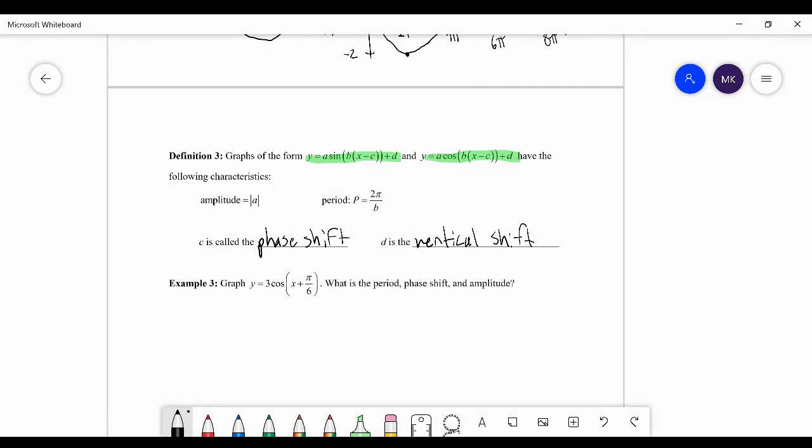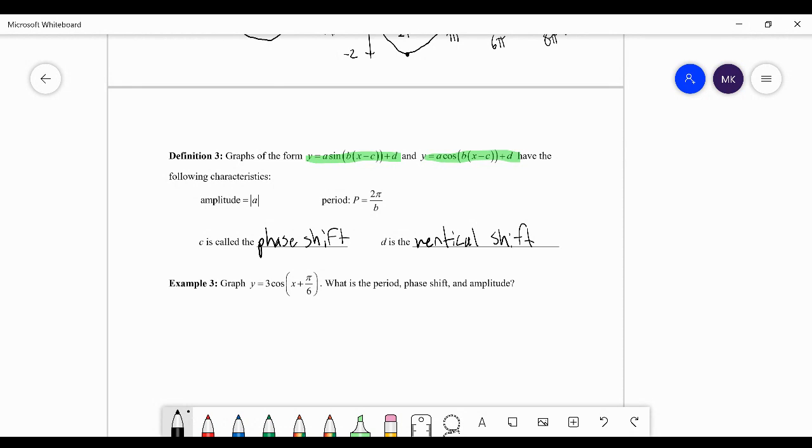What's really important when you're keying in on this is it's really useful to think about the midline of the function. So you can think about d moves our midline, a changes how far away our peaks and valleys go from the midline, and then b changes how fast it reaches those peaks and valleys, and c moves it left and right.